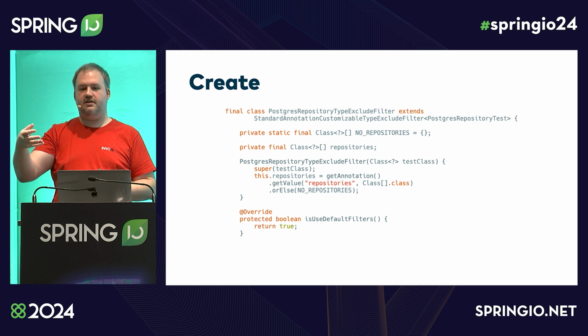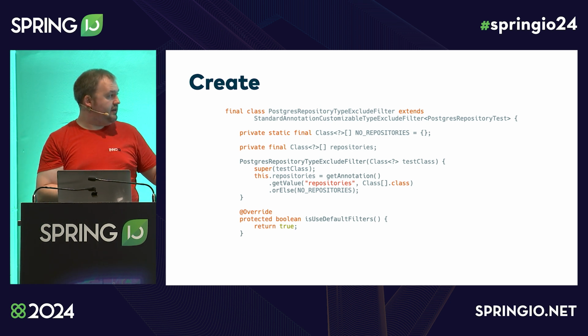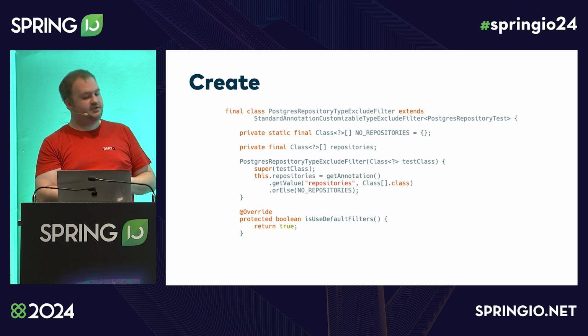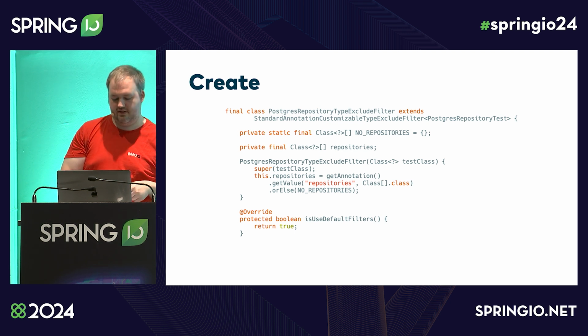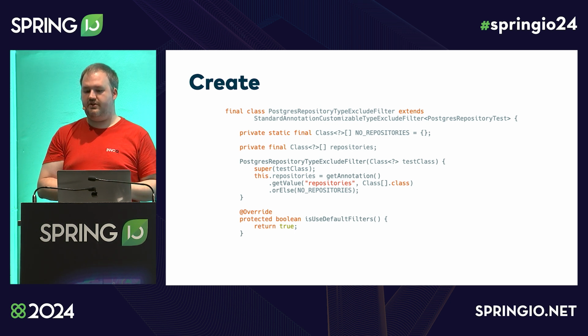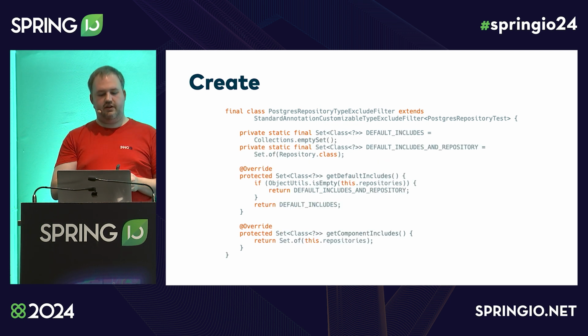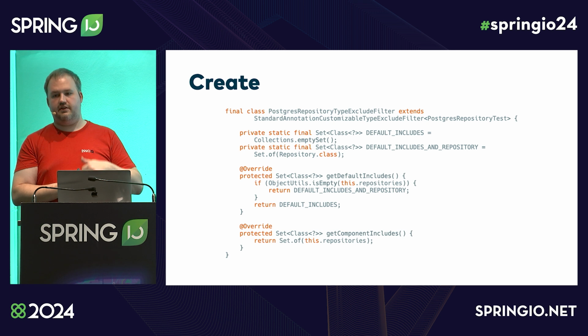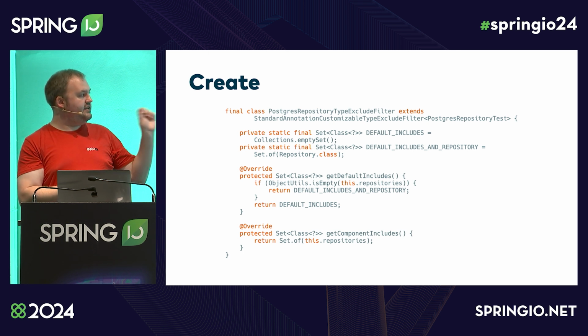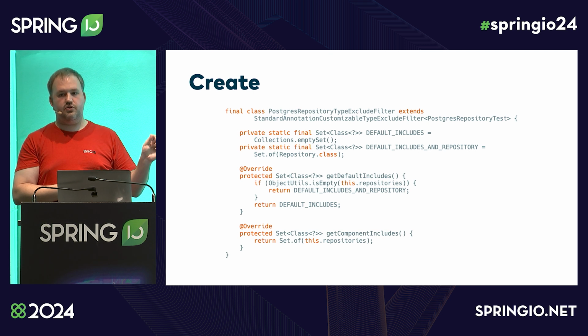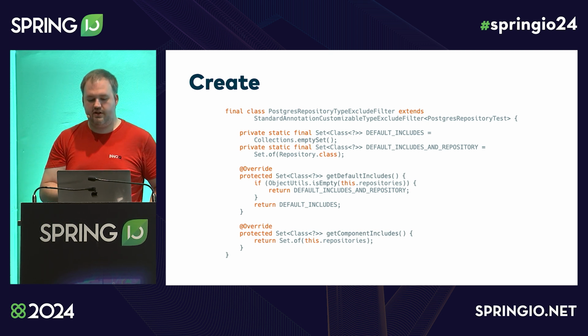If I omit it, I will load all repositories within my application. And then some methods I need to override is use defaults filters. Yes, it's true. Please use the defaults also. And the most important methods are get default include and get component includes. And these control which beans get loaded in our case. So only our repositories are now loaded.